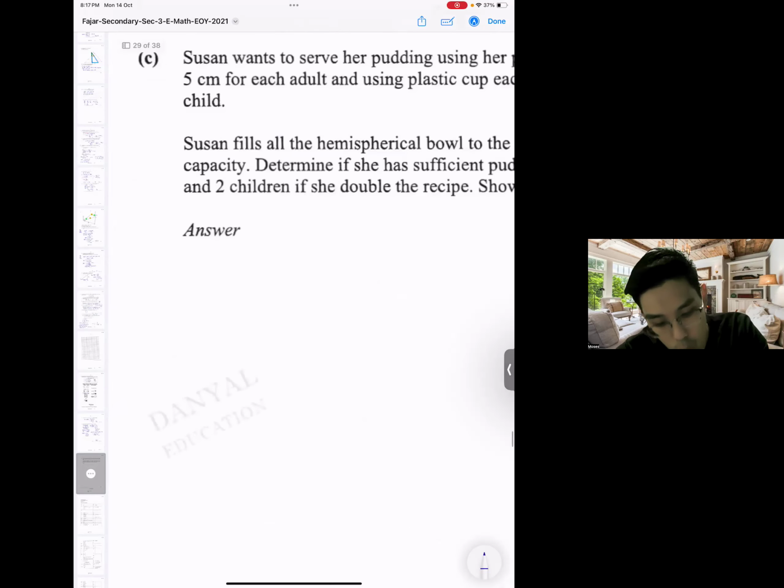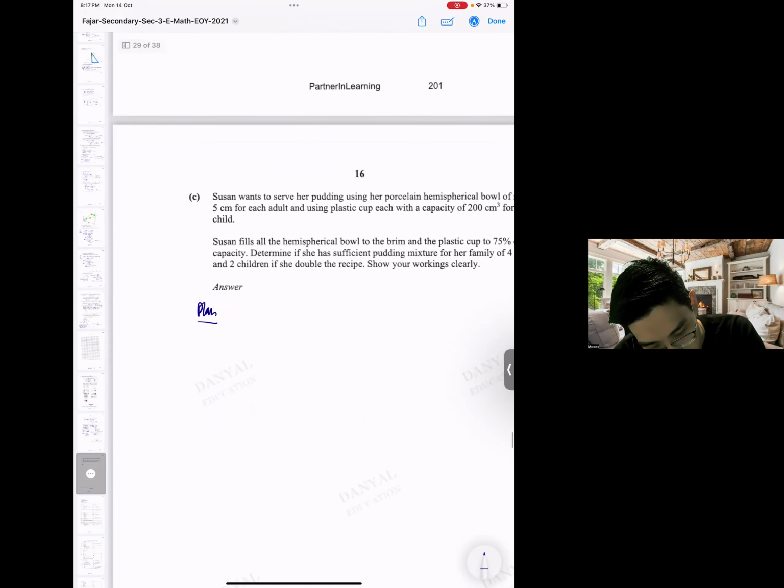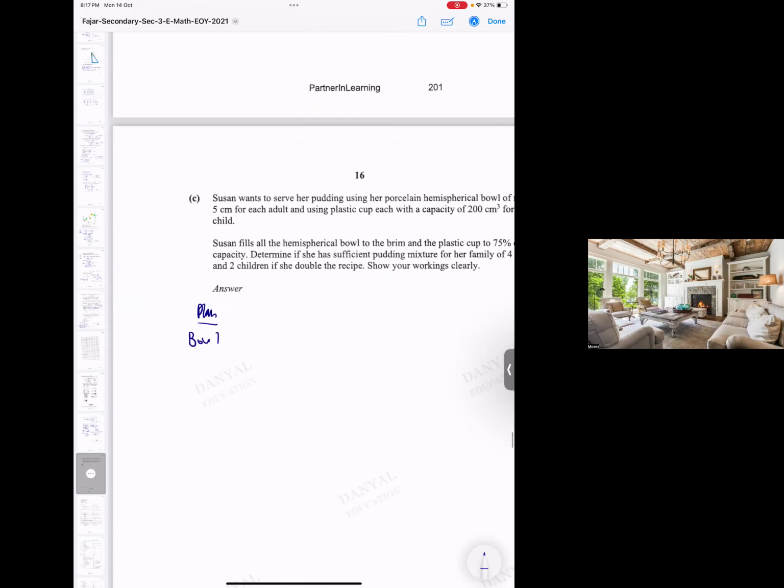So we need to find 1 bowl first, then 4 bowls, then the kids' amount.